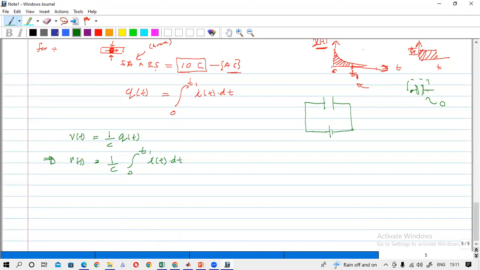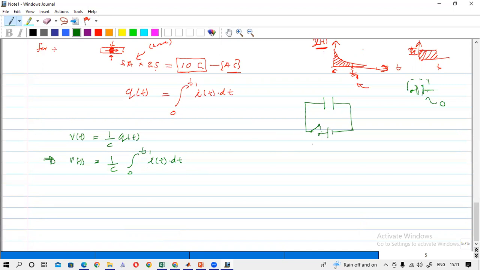If you connect that capacitor to a battery and switch it on when there are no initial charges in this capacitor, then this voltage and current variation is valid.